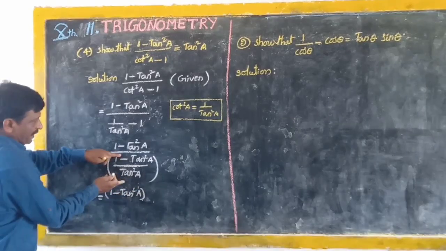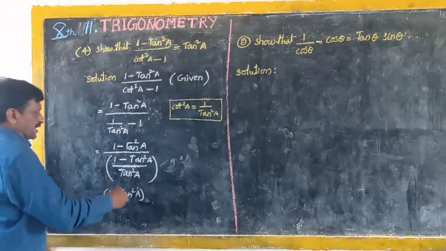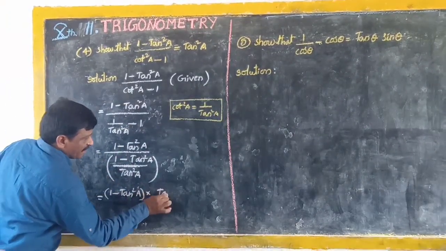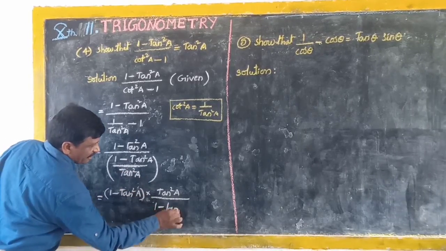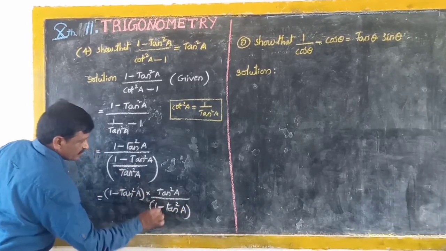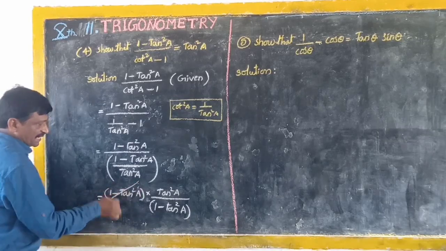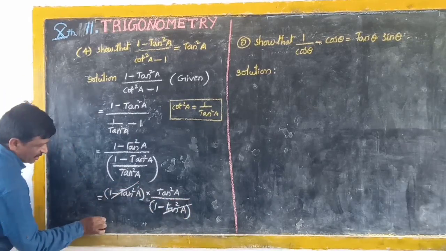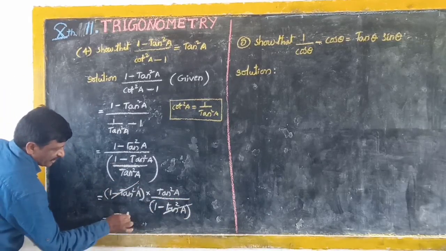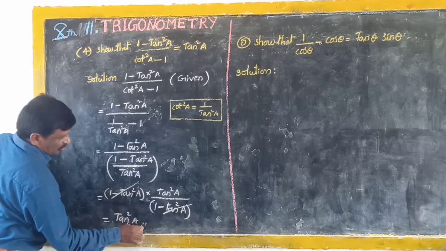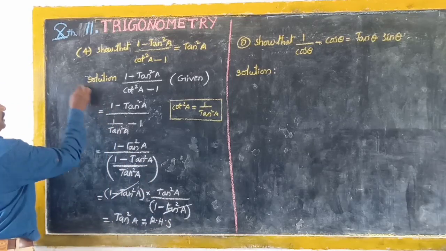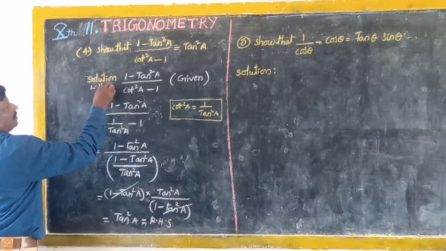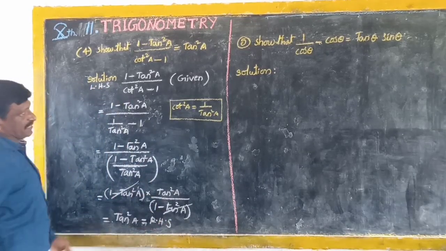The denominator goes to the opposite side, so 1 minus tan square a cross tan square a by 1 minus tan square a is equal to tan square a, which is RHS. This is LHS. LHS is equal to RHS.